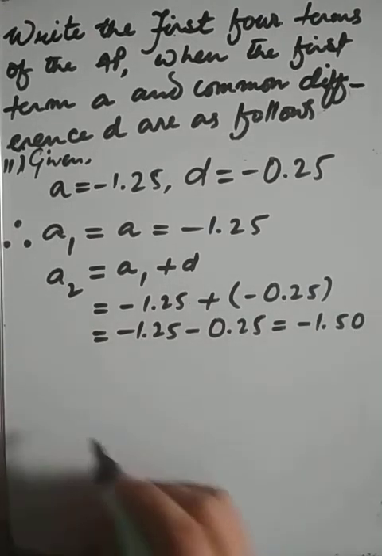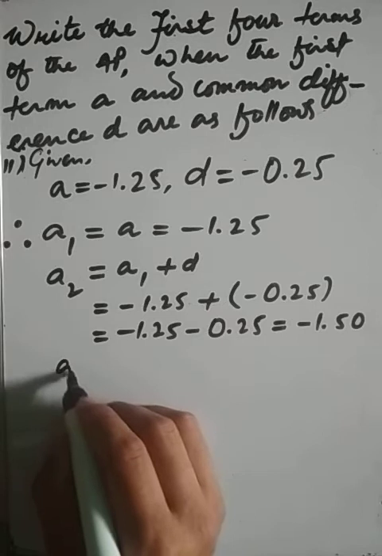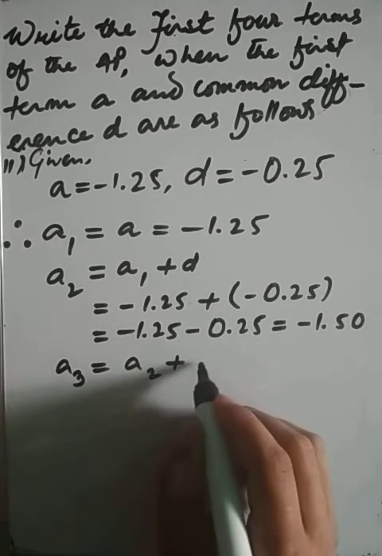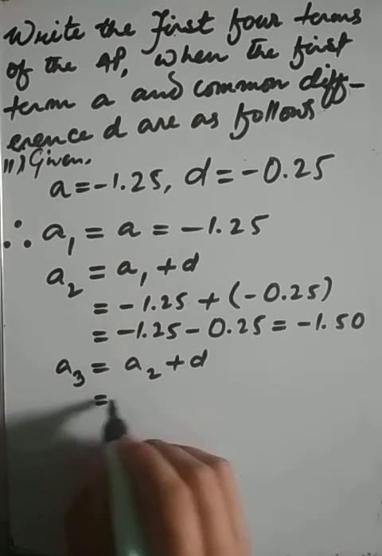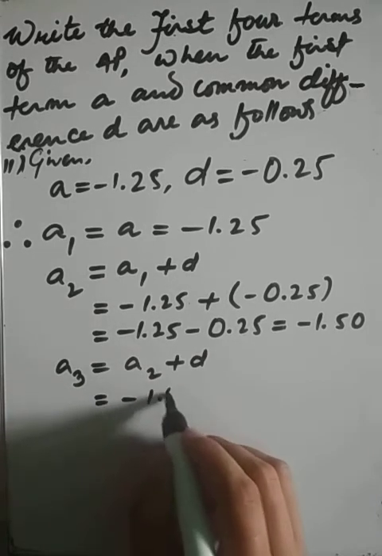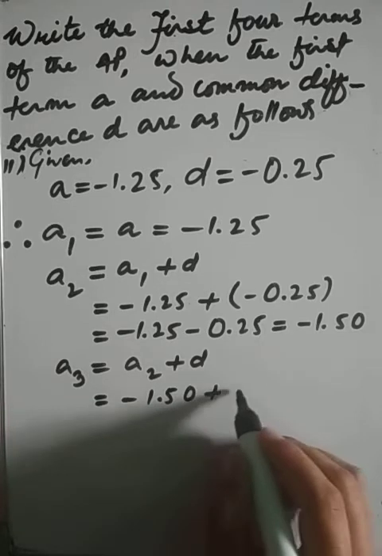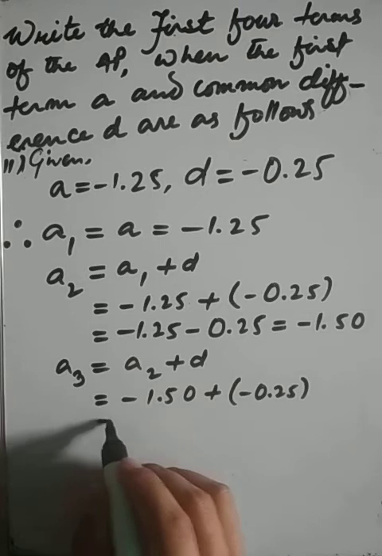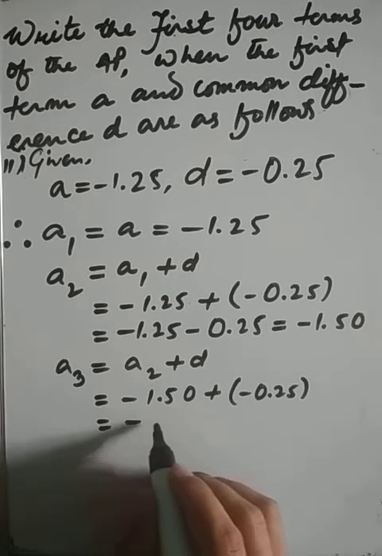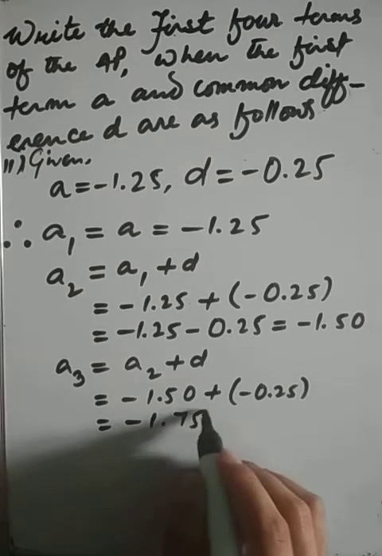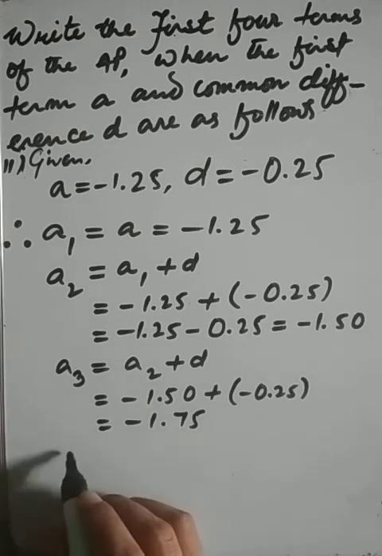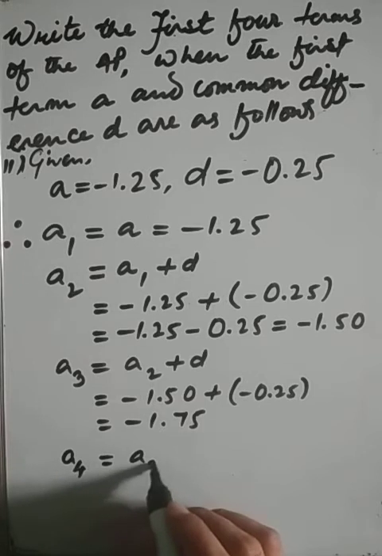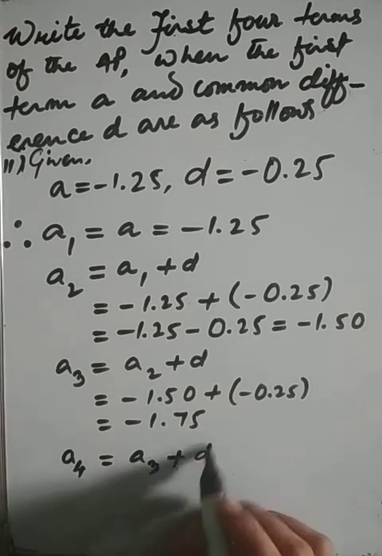Moving to the next, we'll be writing here a3. a3 means a2 plus d. a2 how much? Minus 1.50. The value of d is minus 0.25. We'll be getting here minus 1.75. Next, we'll be finding a4. So a3 plus d.